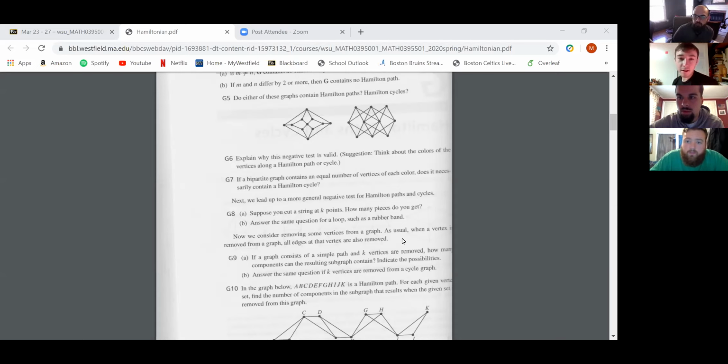I could probably think of one if you gave me a moment. Bipartite graph, equal number of vertices of each color. Does it have a Hamilton cycle? I think it's a yes, always. If the partite sets are the same size, then it definitely has a cycle.